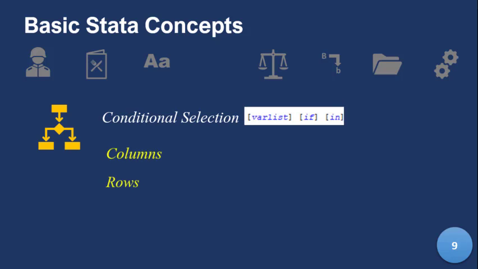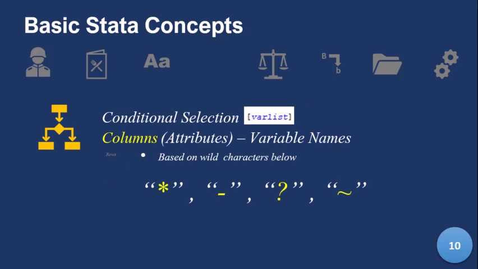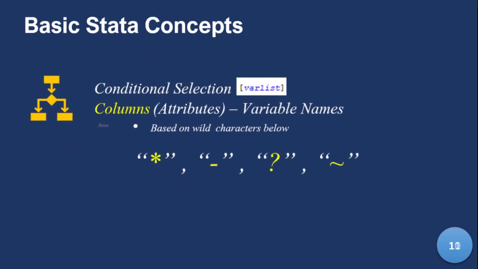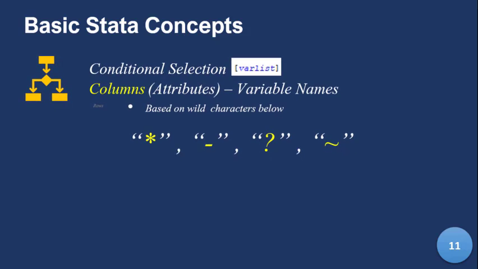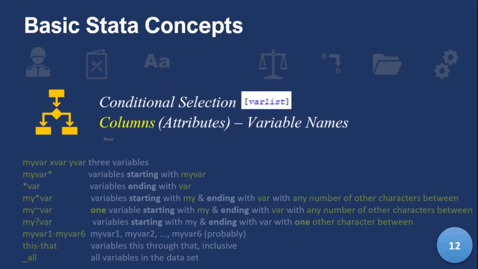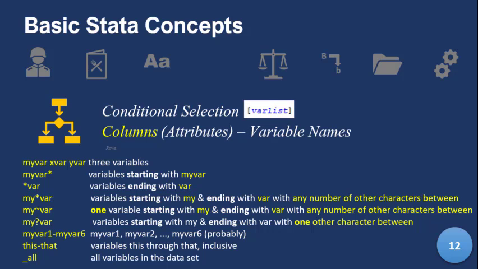So when you want to select the columns, attributes, or variable names, we have what we call the wildcard characters. We have the dash, the question mark, and the tilde sign, and the asterisk. So there are basic ways of extracting them. I won't take so much time because I will explain this in detail in the practical session, where we'll extract a very small data set and look at it.